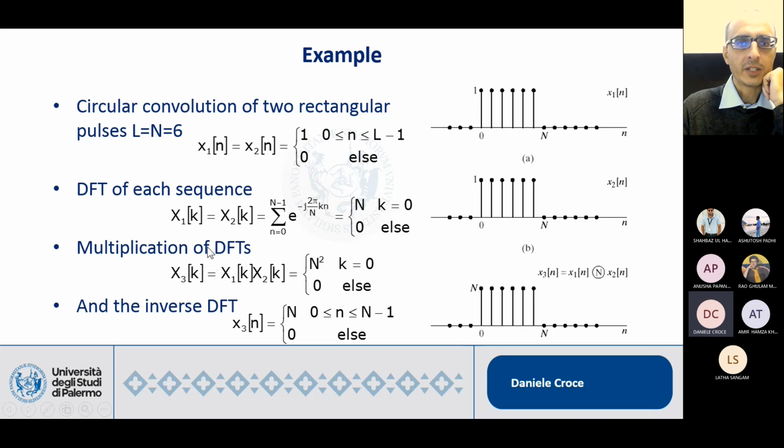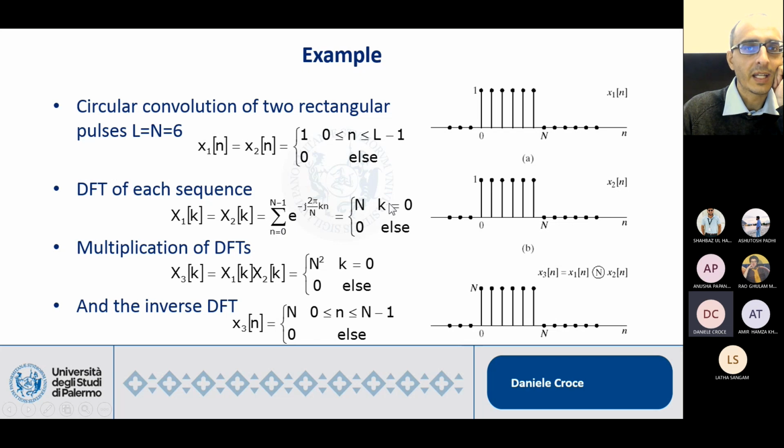The DFT of each sequence is the summation of 1, which is the value of the sequence, times e to the minus j 2 pi divided by capital N kn. And this, if k is equal to 0, is equal to N, because it's the summation of N times 1.